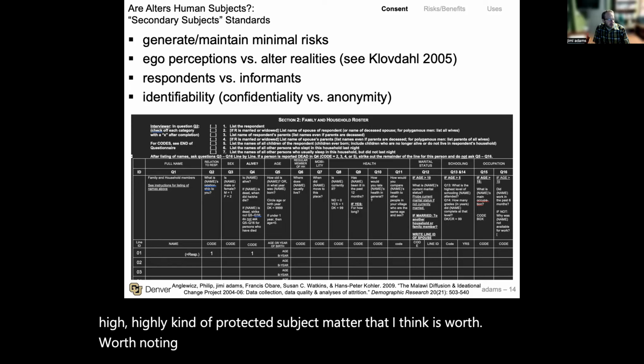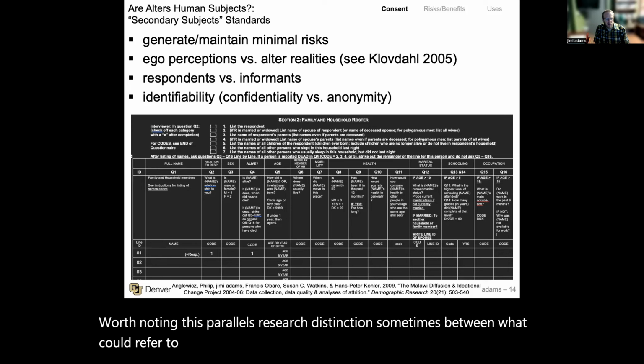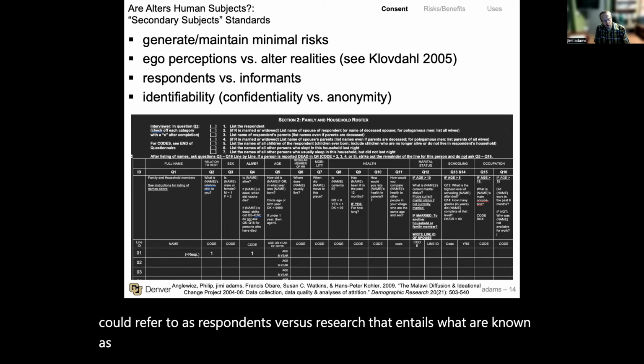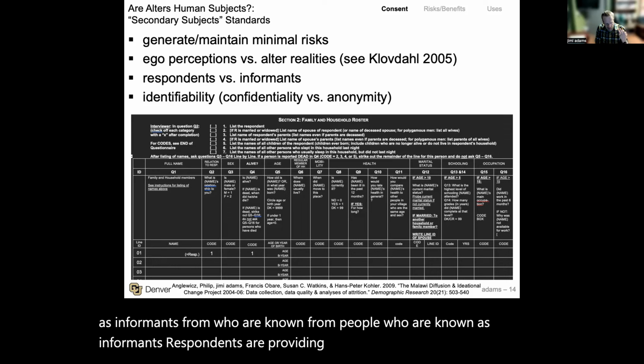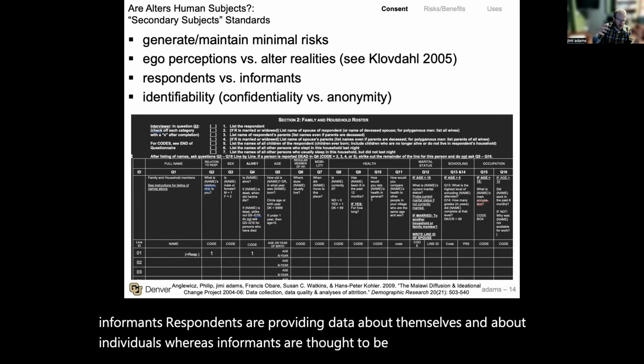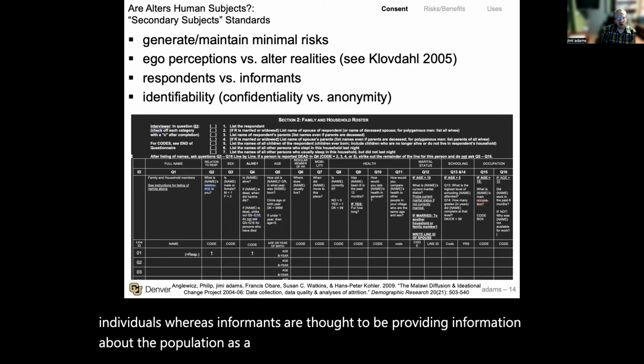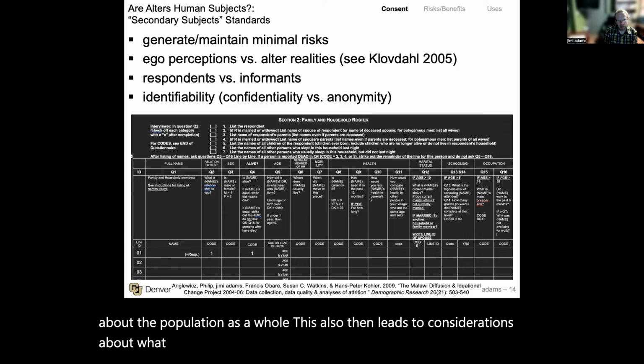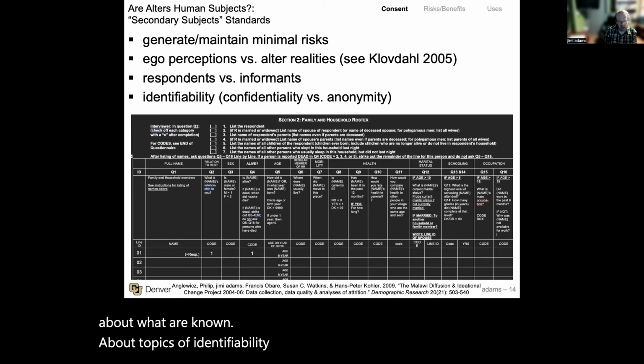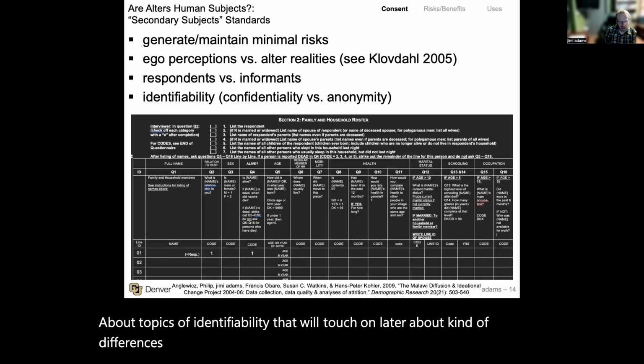This parallels a research distinction sometimes between what get referred to as respondents versus research that entails what are known as informants. Respondents are providing data about themselves and about individuals, whereas informants are thought to be providing information about a population as a whole. This also then leads to considerations about topics of identifiability that we'll touch on later, about differences between confidentiality and anonymity.